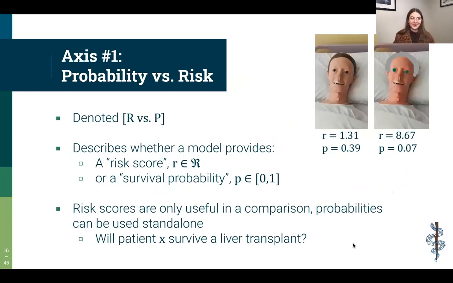Okay, so axis 1, probability versus risk. This describes whether a model will provide a risk score, which is again some kind of real number, or if it gives a particular survival probability, where this probability value is going to be between, inclusive, the values of 0 and 1, where 0 is at some point a 0% chance of survivability.